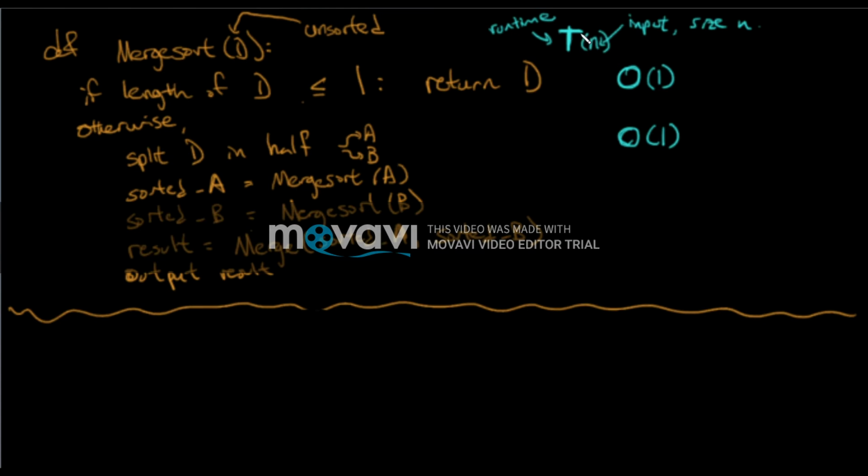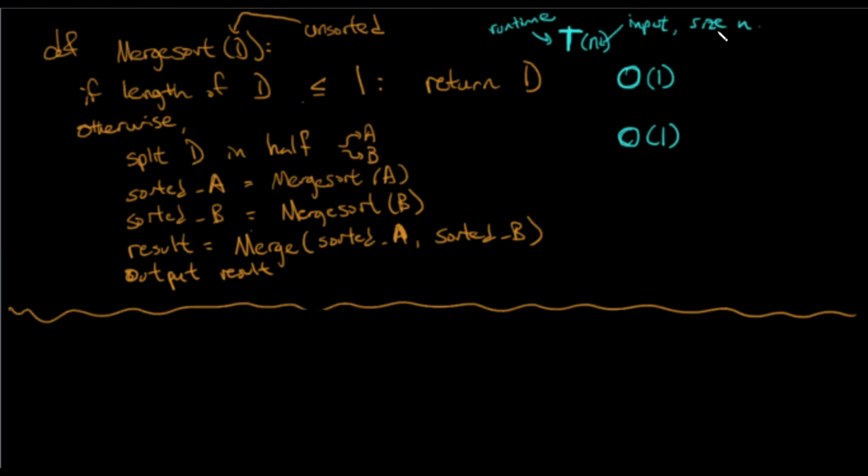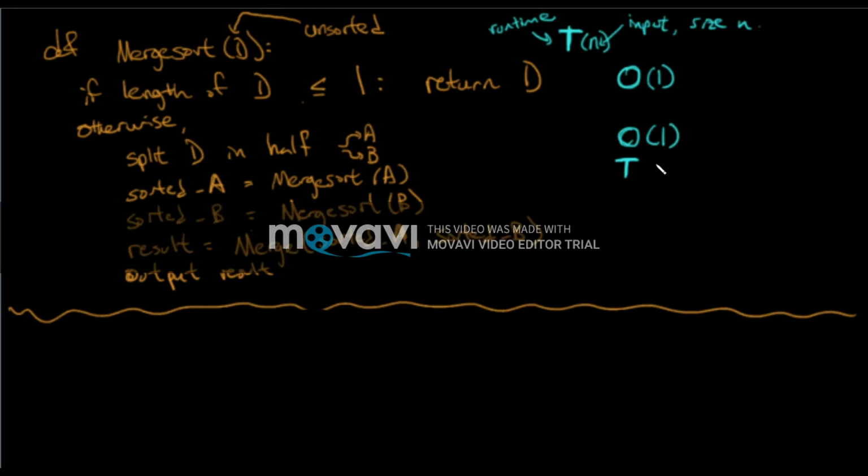Given that the runtime is represented by capital T and the input of size n is represented by n, we can denote the runtime of this to be the runtime of merge sort on an input of size n over 2. I'm going to write that out explicitly.